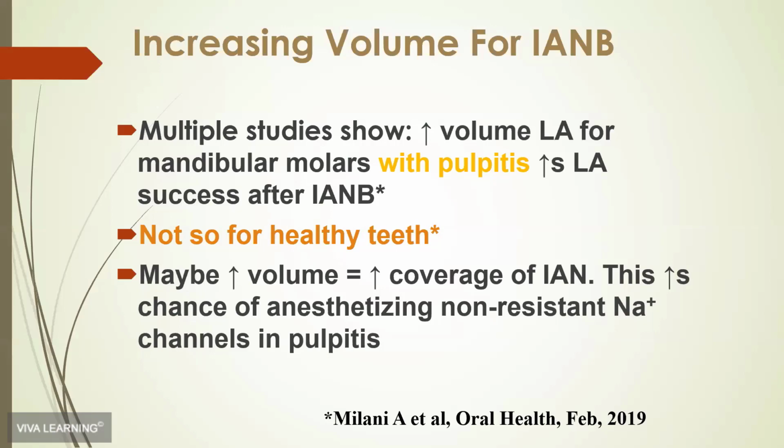We all have sodium resistant channels that don't allow the local anesthetic through. However, infection and inflammation increases those channels. So if you give more local anesthetic, theoretically, that will cover more of those channels, hopefully, and improve the success.